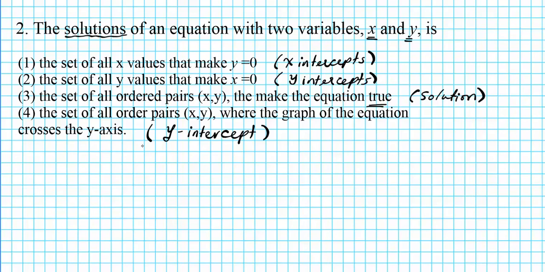Now, where the graph crosses the y-axis, guess what? At this particular point, x is equal to 0. And it's the same case as option number 2. When x is 0, the graph crosses the y-axis and you have a y-intercept, okay? So these 1, 2, and 4 are intercepts. Number 3 is exactly what we're looking for, the solution, which is what makes an equation true.